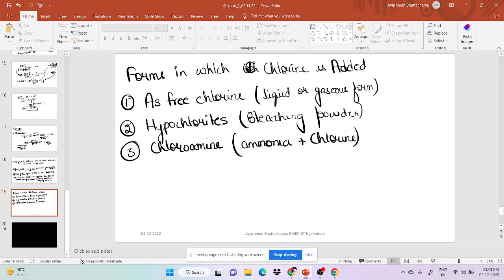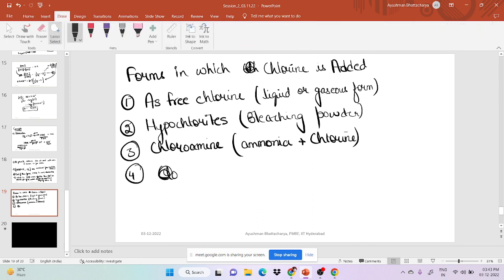And fourth is chlorine dioxide, ClO2. So these are the major methods.